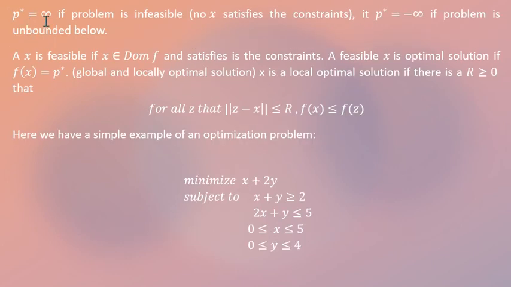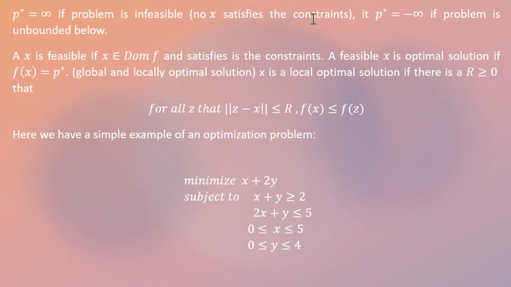If p star is equal to infinity, it means that our problem is infeasible. We cannot find a solution for our function. It is because our problem is minimization, and if p star is equal to plus infinity, it means that our problem is infeasible.